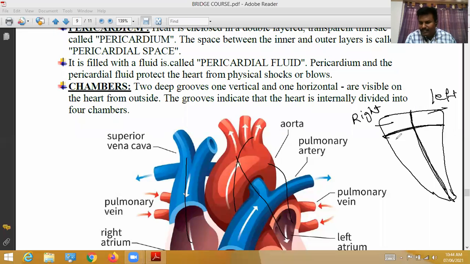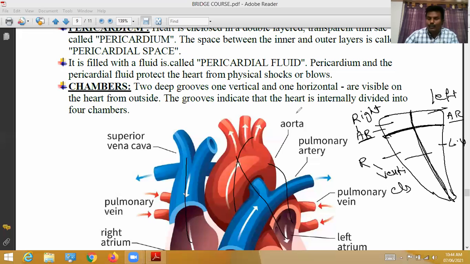The horizontal groove divides the upper chambers, the auricles, from the lower chambers, the ventricles. The upper chambers are the right auricle and left auricle, and the lower chambers are the right ventricle and left ventricle. So the horizontal and vertical grooves indicate that the heart is internally divided into four chambers. That is the four-chambered heart.